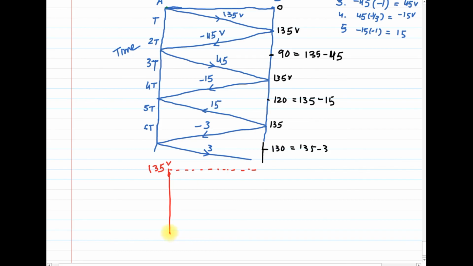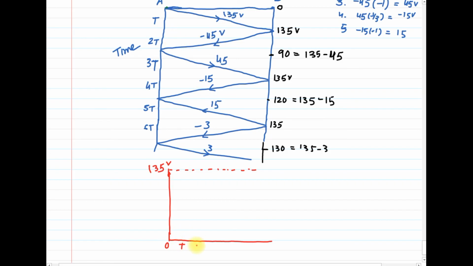So starting from 0 at t, if we consider the initial voltage value, then it is around 0. Then after 2t, or nearly 2t, we will get the 90.